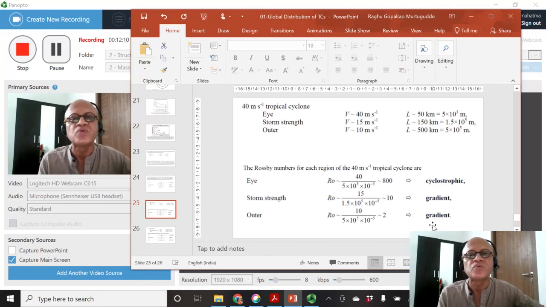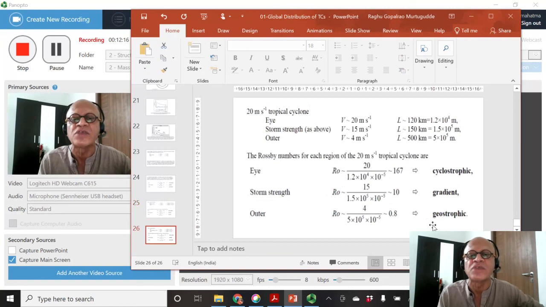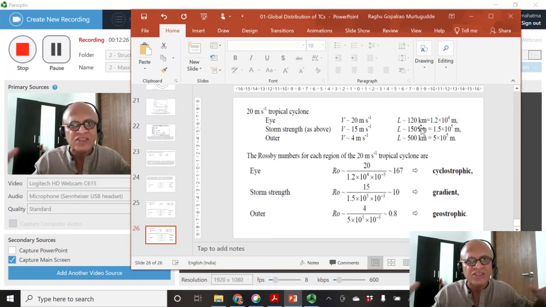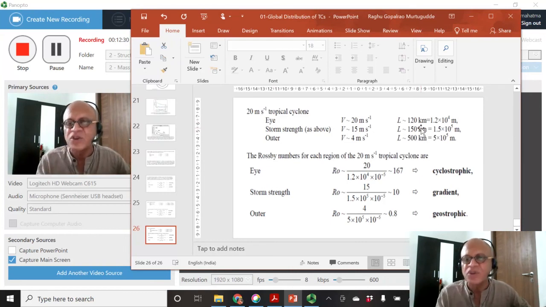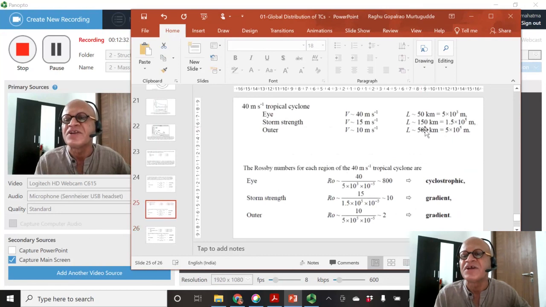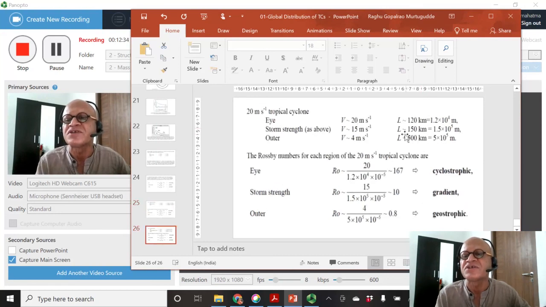Okay, so the strength of the cyclone determines how the balance is happening from the eye to the outer edge. Pick a weaker cyclone at 20 meters per second, again 20 meters per second at 120 kilometers. So the strength of the cyclone also determines the size, right? So we are going here from 150 to 500, whereas here we're going 120, 150 and 500. Why?